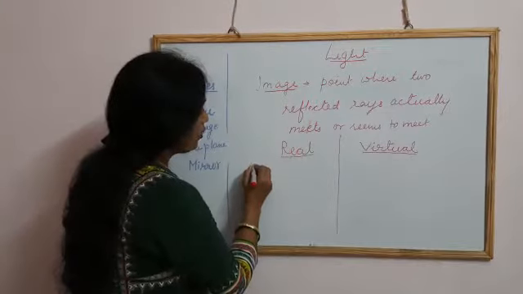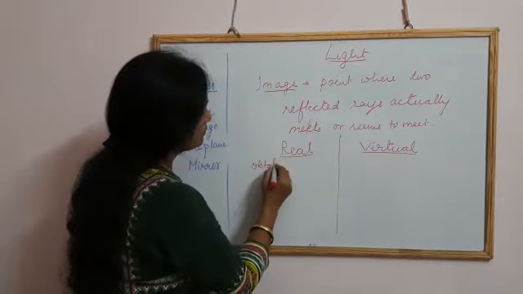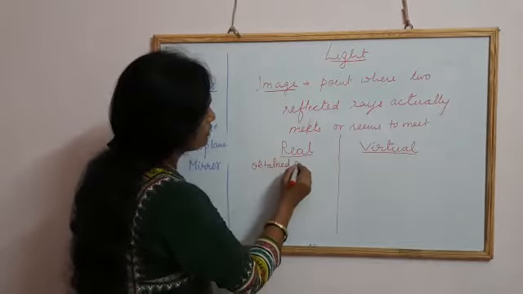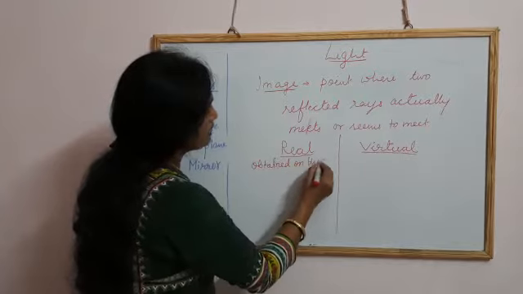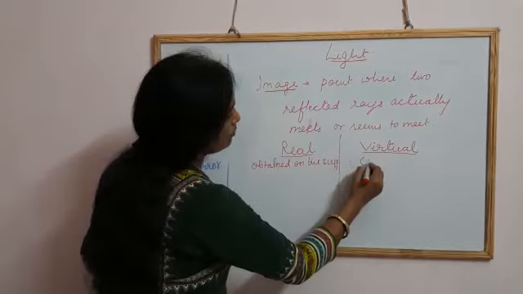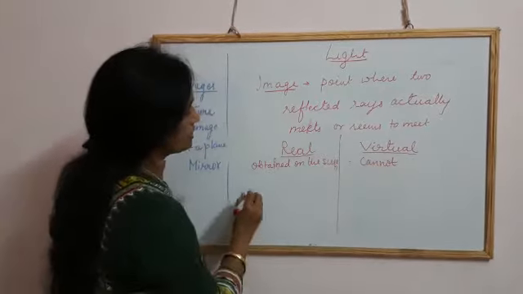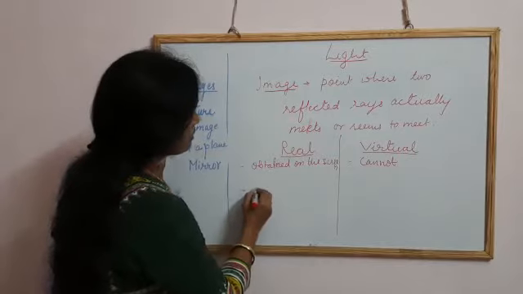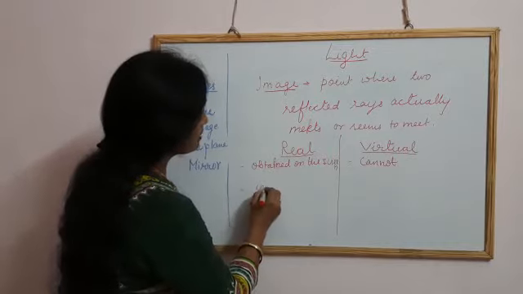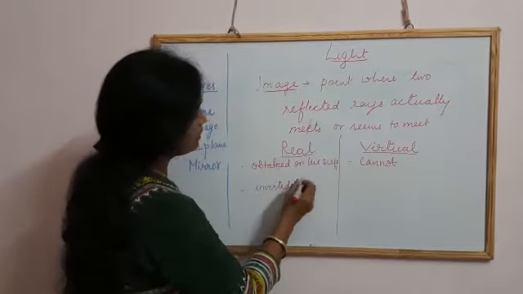A virtual image cannot be obtained on a screen. Then real images are always inverted.